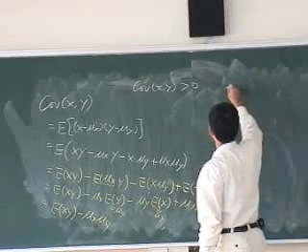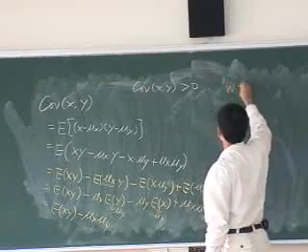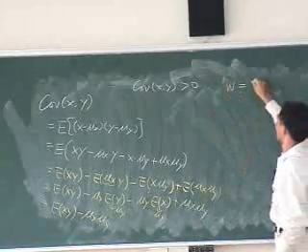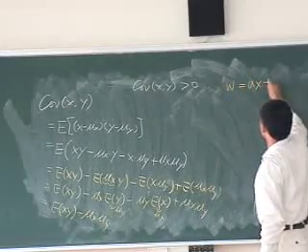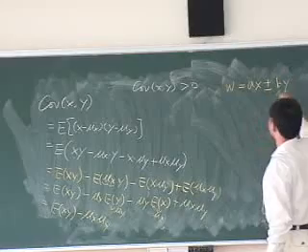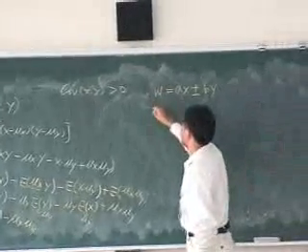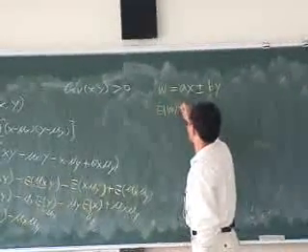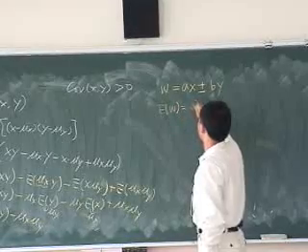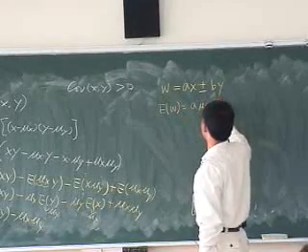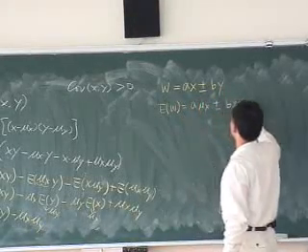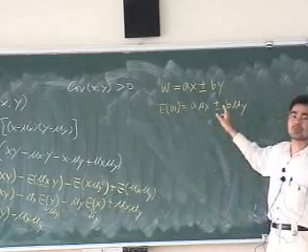We just mentioned W: if W is equal to AX plus or minus BY, then the expectation of W will be equal to A mu X plus or minus B mu Y. That is what we talked about before.